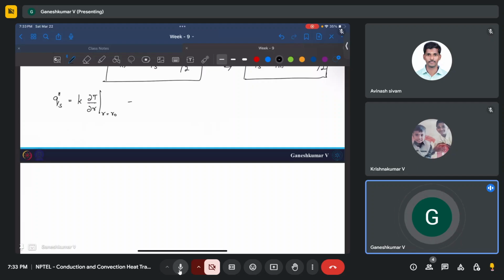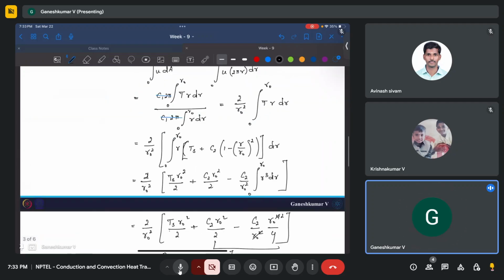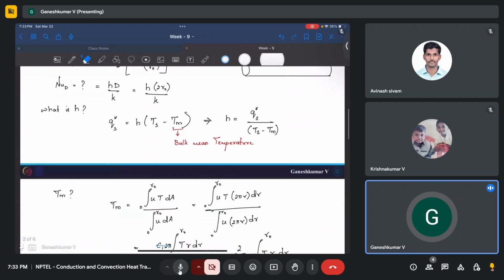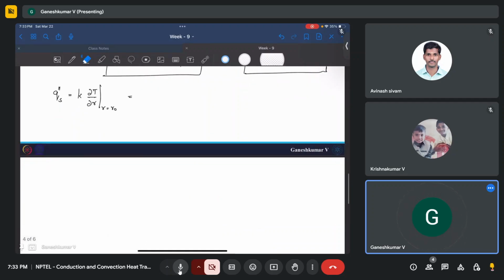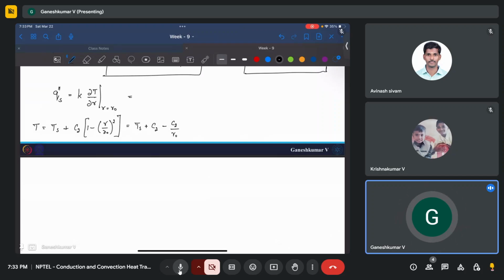Now we already know T. T is again Ts plus C2 into, maybe I will write it down here so that it's easy. So T is Ts plus C2 into 1 minus R by R naught square. Okay, so this you can write as Ts plus C2 minus C2 by R naught square into R square, so that you can easily do the math.